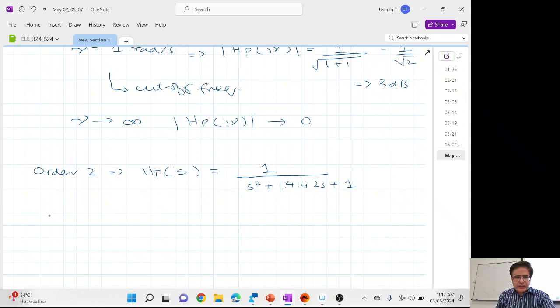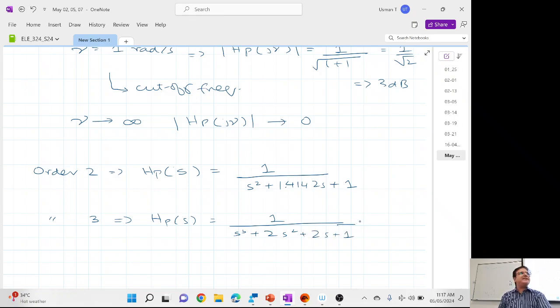For order 3, it's going to be 1 over s cubed plus 2s squared plus 2s plus 1.